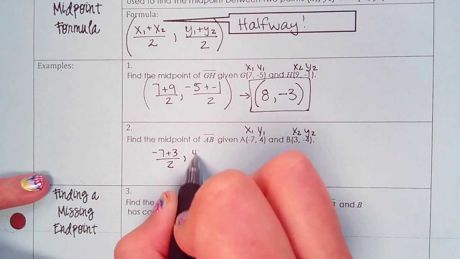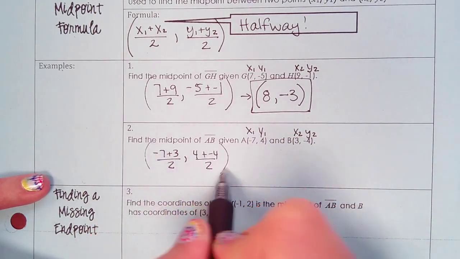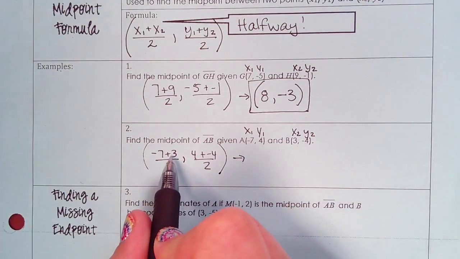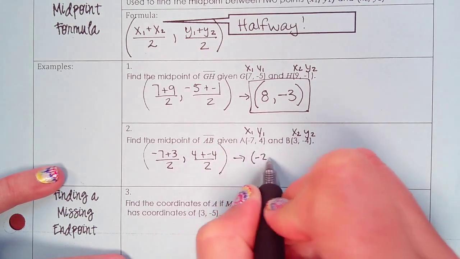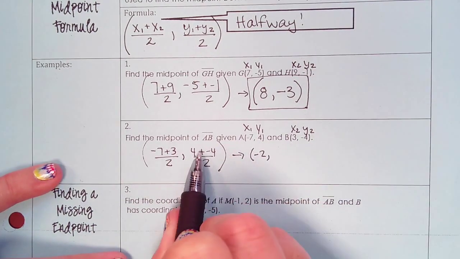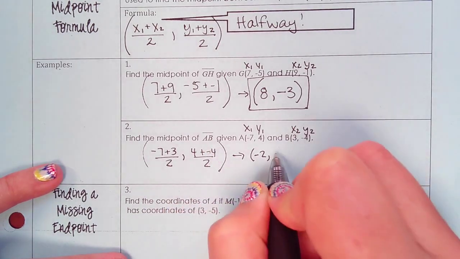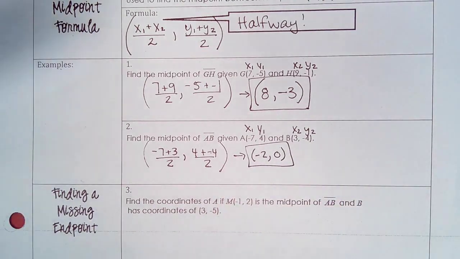And 4 plus -4 divided by 2. -7 plus 3 is -4. -4 divided by 2 is -2. Then we have 4 plus -4, which is 0. 0 divided by 2 is 0. There's our ordered pair. This is a formula you will have to memorize.